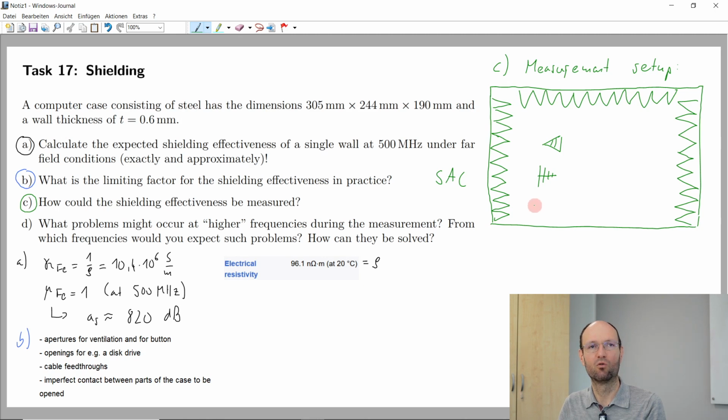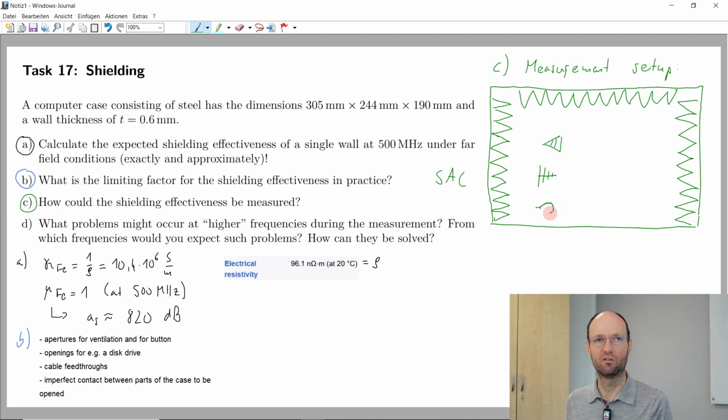And if we go for lower frequencies, if we would like to measure shielding efficiency in the kilohertz range, what would you suggest there? It's the antenna with a multiple dipole. Yeah, or just a loop antenna. So we would like to have some antenna that can be fed by a current to create the magnetic field.